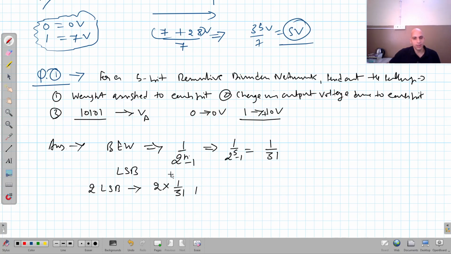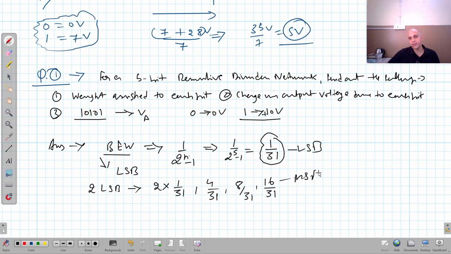For the next it will be 4 upon 31, for the next 8 upon 31, and for the next 16 upon 31. These are the binary equivalent weights of all 5 bits. This is for LSB, and this is for MSB: 1, 2, 3, 4, and 5.